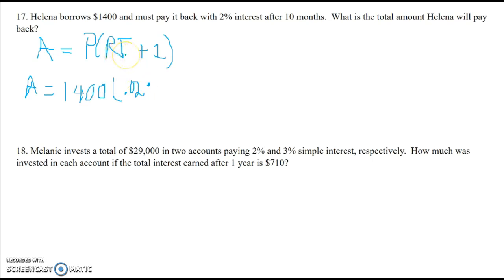Now remember, T is always in years, so 10 months is 10/12 of a year. Plus 1. So 0.02 times 10/12 plus 1 times 1400. If I multiply all that on the calculator and add that, I'm going to get 1423.33. So that's how much she's going to pay back.